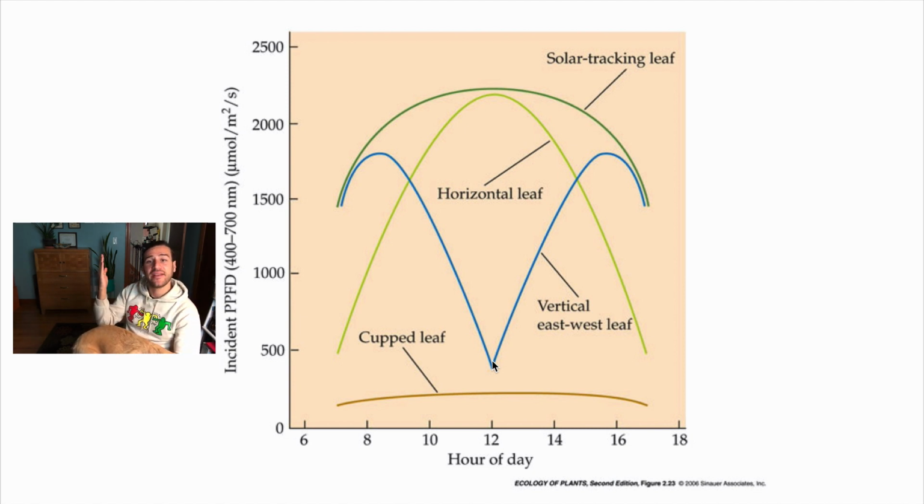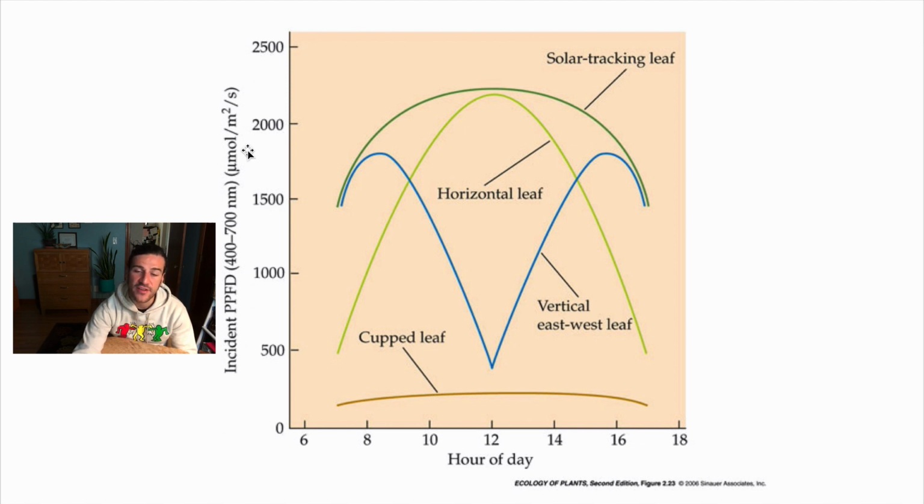So by having leaves that are straight up, that is a great adaptation to reduce the amount of heat these plants receive. Oppositely, a horizontal leaf is going to be the hottest, and it's going to receive the most radiation. So this is actually radiation from the sun.